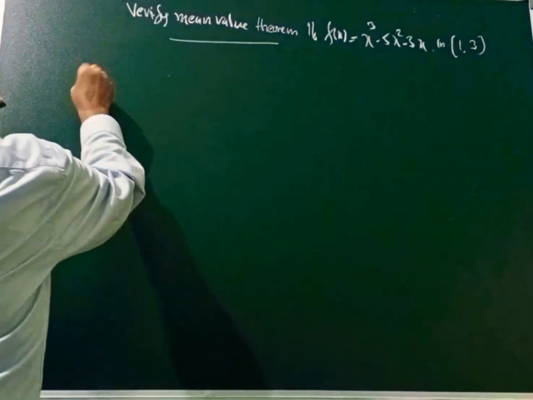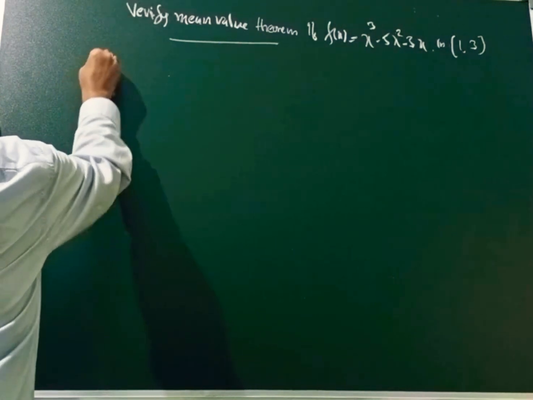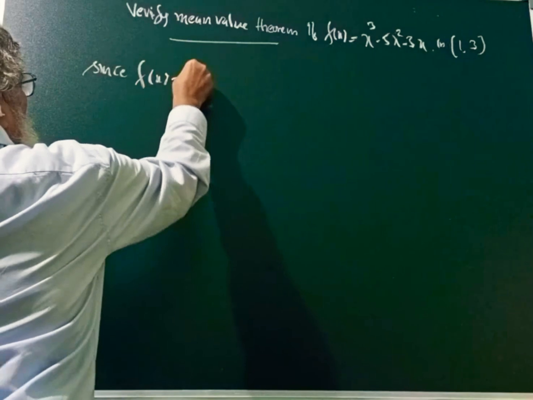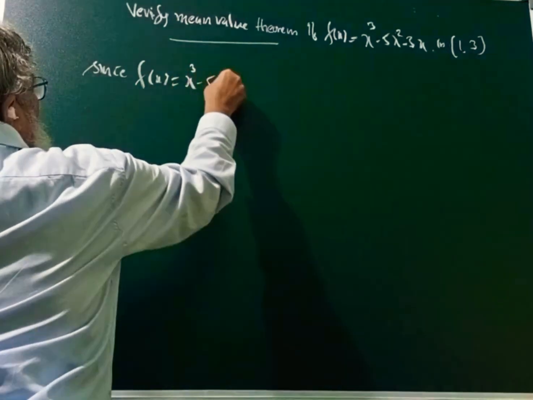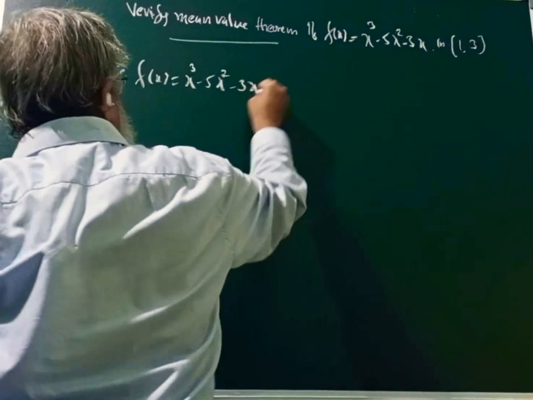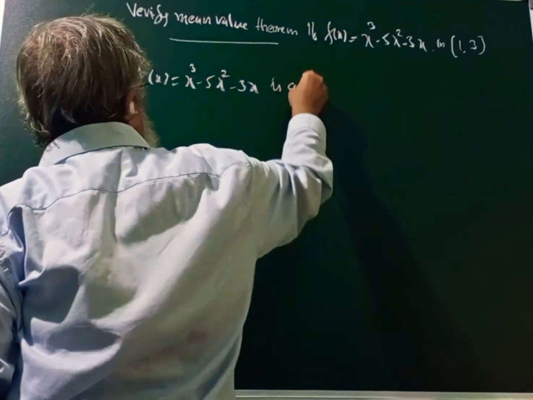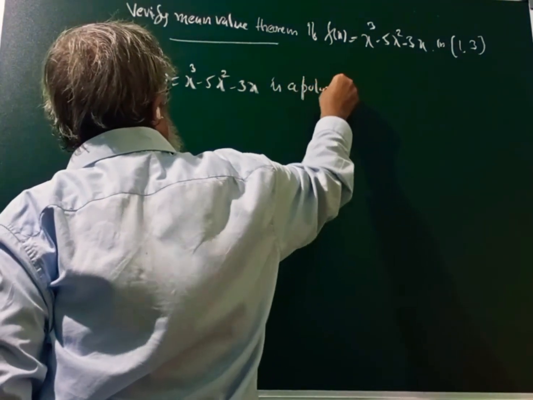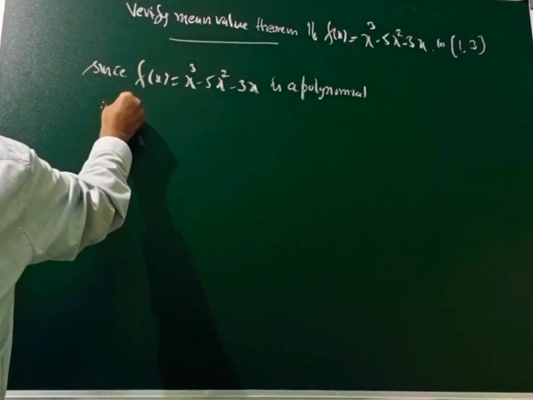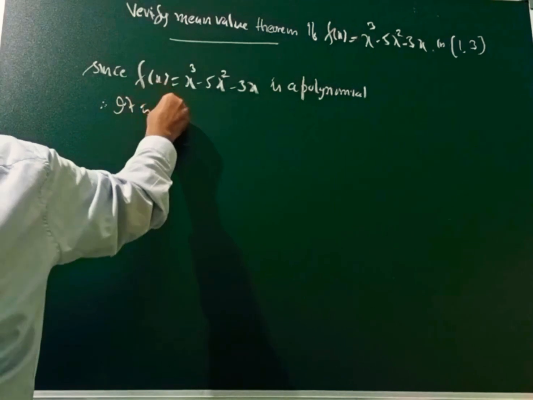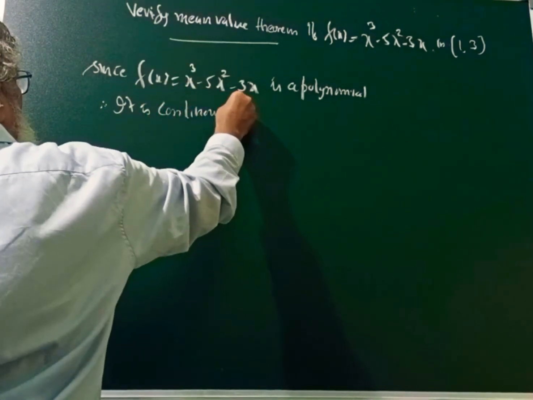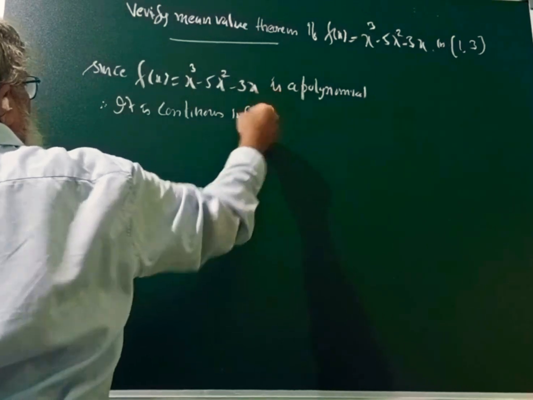First we write: since f(x) is equal to x cube minus 5x square minus 3x is a polynomial, therefore it is continuous everywhere, in particular in the given interval 1 to 3.